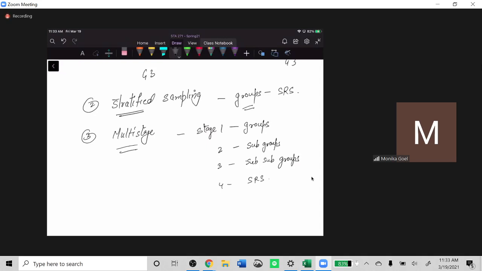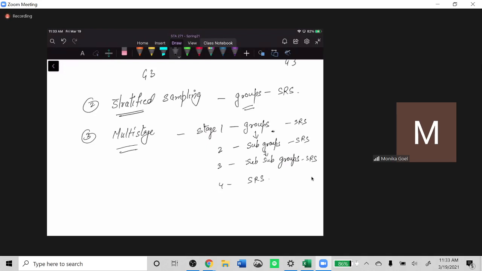Again, it depends upon how many stages you're doing: stage 2, 3. Stage 1 is your stratified sampling, where you make the groups and then do the simple random sampling. But if you do the groups and then subgroups, and you can do the simple random sampling from there, then you are talking about more than one stage.